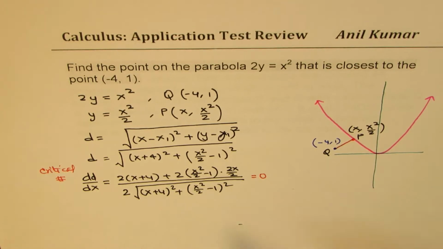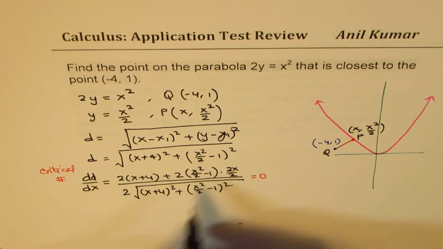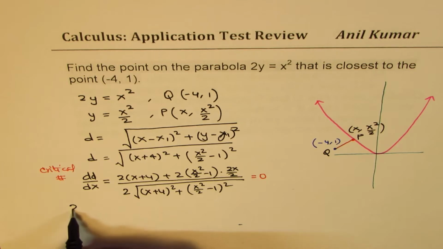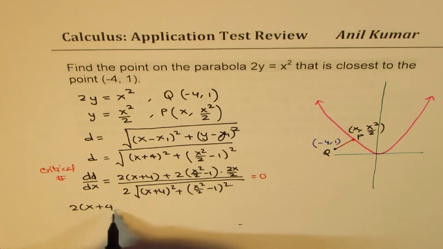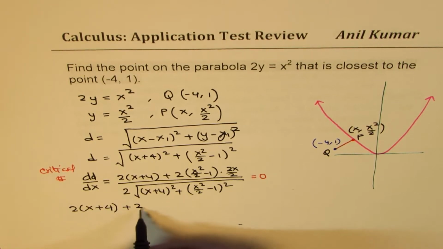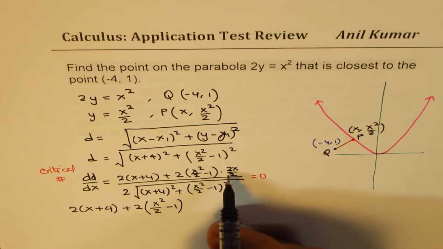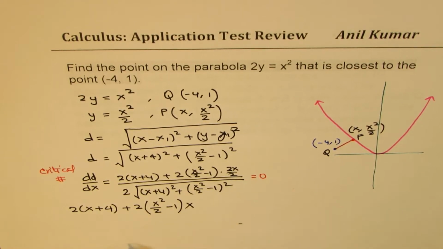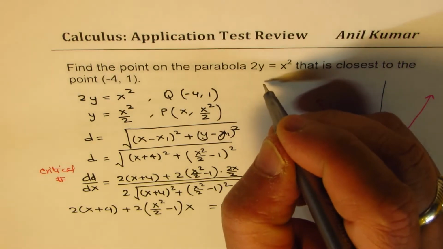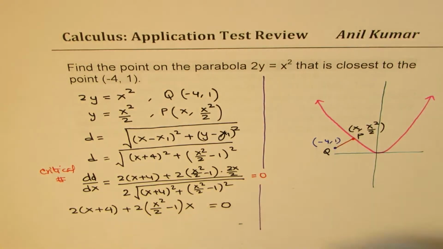So we get our equation, let me rewrite the numerator now, which should be 2 times x plus 4 plus 2 times x squared over 2 minus 1 times x. 2 and 2 cancel, and we are left with x, that should be equal to 0. So we have to solve this equation for x to get the answer, correct? So let's further solve.